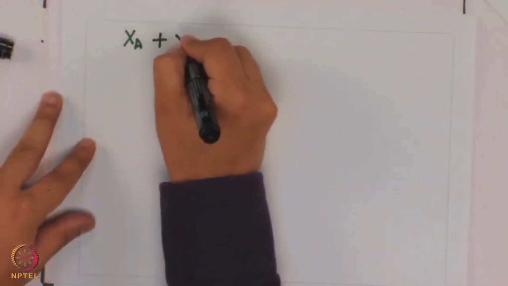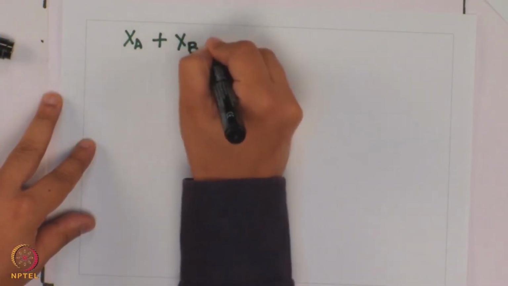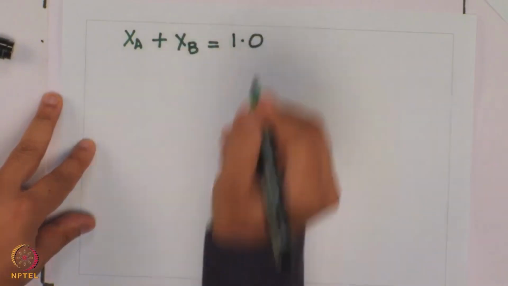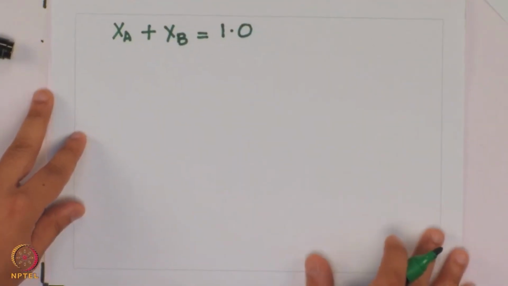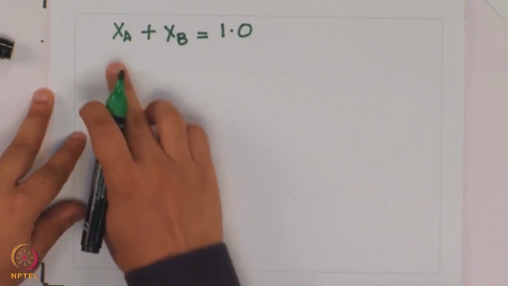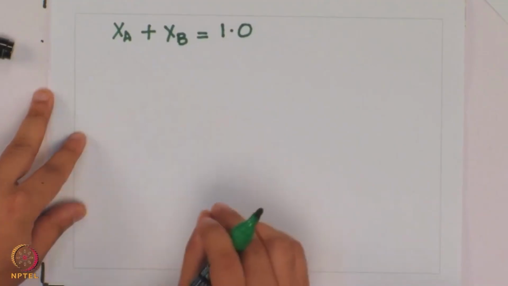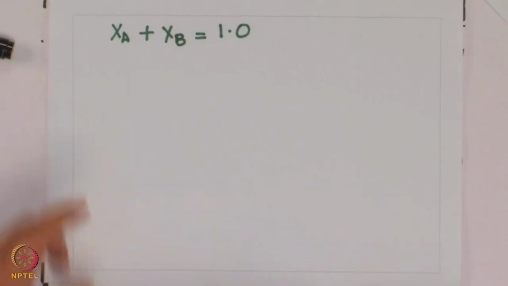If that is true and we start with this relationship, we have Xa plus Xb equal to 1. I want to understand how Xa and Xb change with time, because that is the basic quantity I am interested in: should A and B genotypes coexist in a similar environment, how do these fractions Xa and Xb change as time progresses forward?